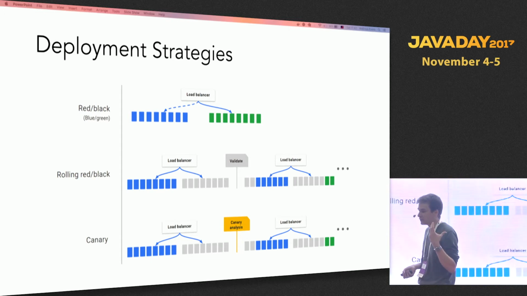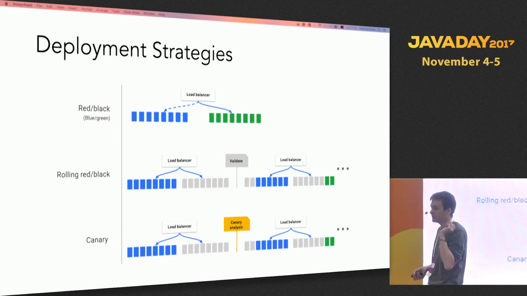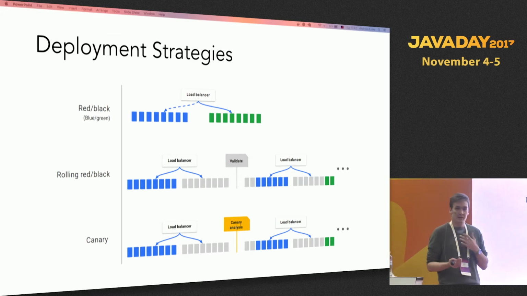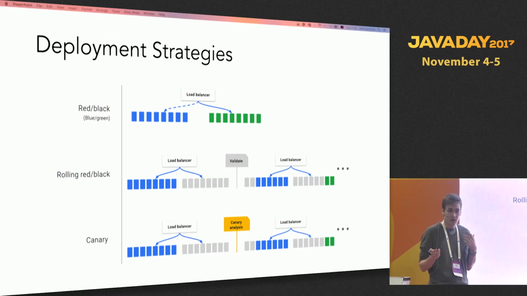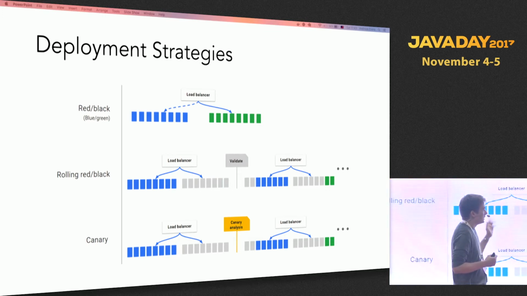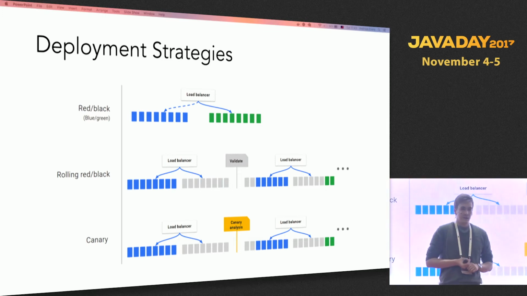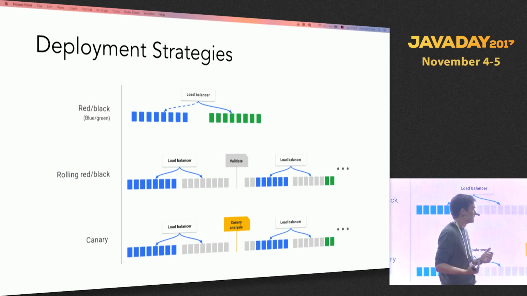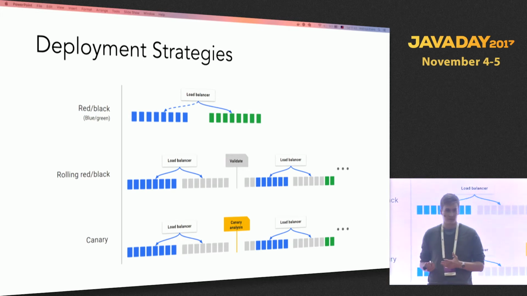So you might expose the new functionality in one instance, and then have a smoke test, for instance, or just validate manually. Your functional analyst or your tester could manually test this. Probably not recommended, but still, you could do this. And then, based on the result of that validation phase, add an extra instance, and at the same time, bring down some other instances of the V1, for instance.